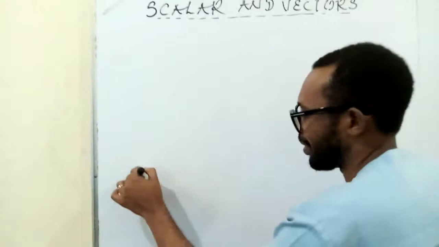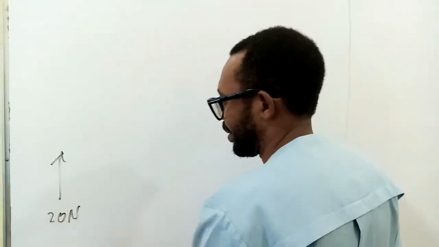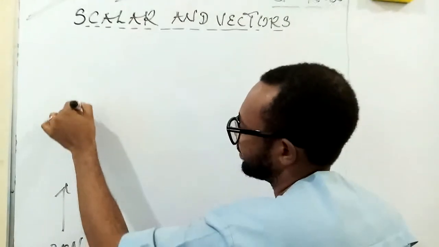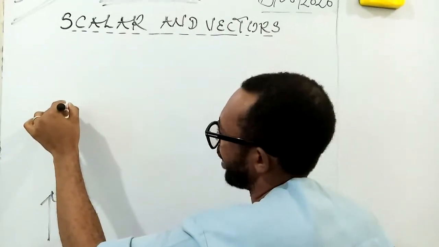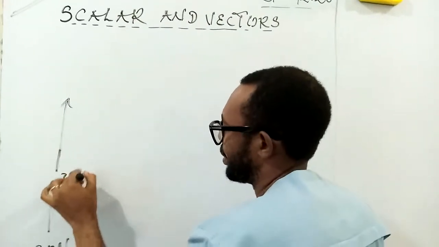Now, in adding a vector quantity, for instance, you can have a force of, let's say, 20 newtons, plus another force of 30 newtons.